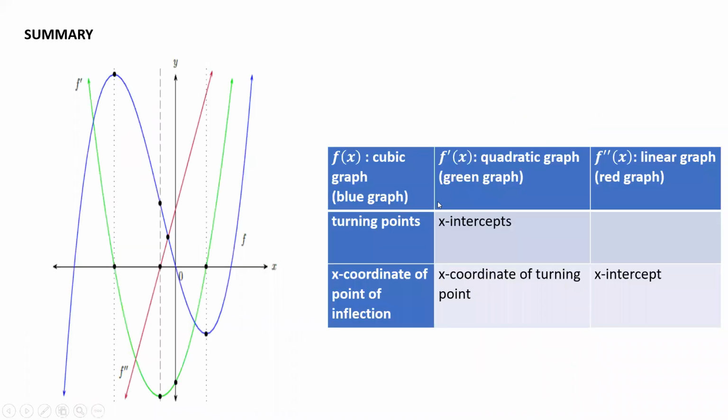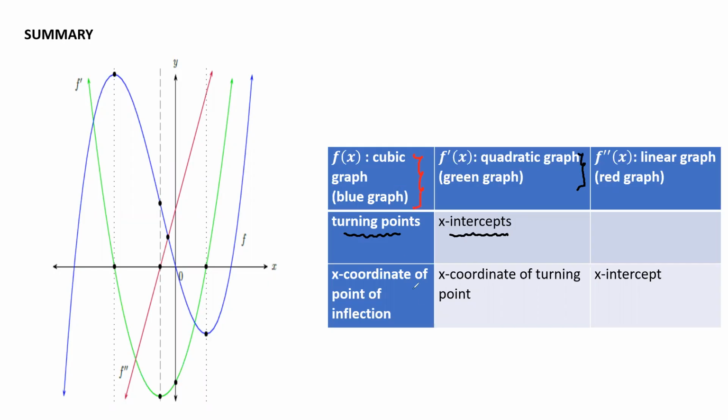Just to probably summarize it nicely, I did put a graph here with its cubic, with its straight line, and with its quadratic as well. Then the summary would look something to this effect. When you're dealing with the cubic graph right there, we say your turning points of the cubic graph in the quadratic, they are x-intercepts.